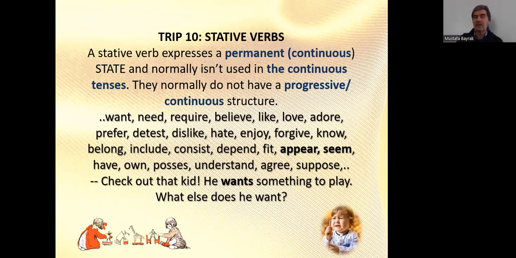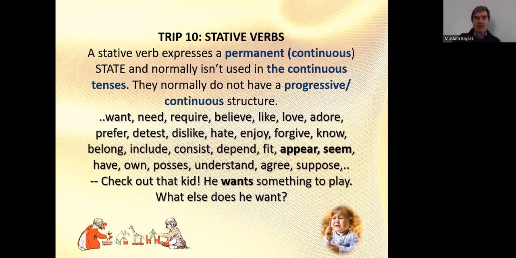Ahmed believes that you can do this. Ahmed likes honey. So we always use them in non-continuous form. Adore, prefer, detest, dislike, hate, enjoy, forgive, know, belong, include, consist, etc. And of course, we will study them one by one.